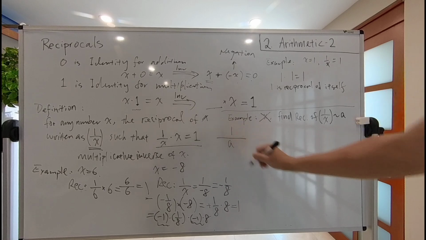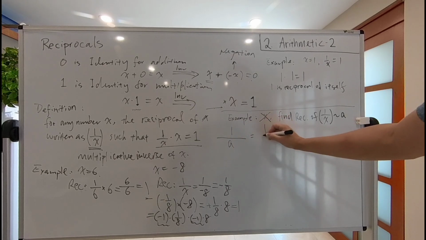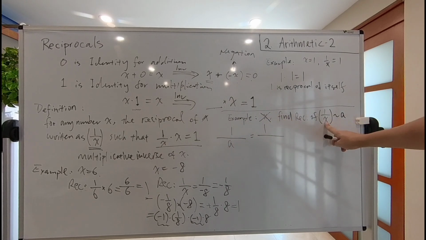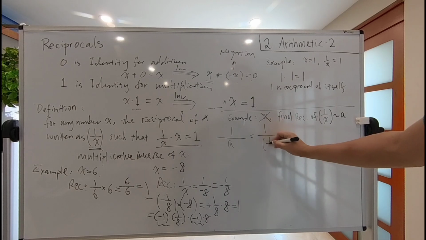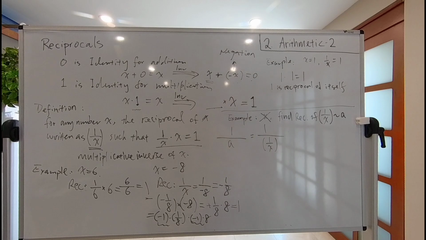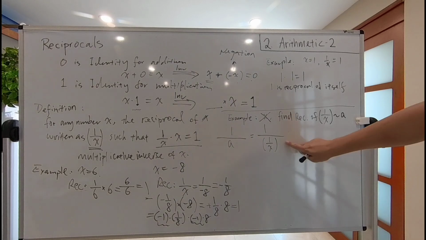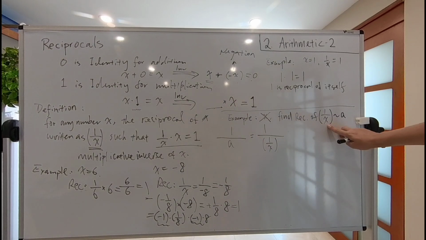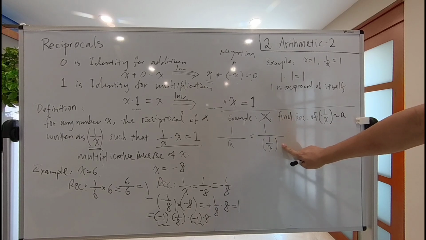So either you can write it as 1 over 8, and then it can be substituted back with this original term of 1 over x. Right now, this number is the reciprocal of 1 over x. However, you can still simplify this expression.